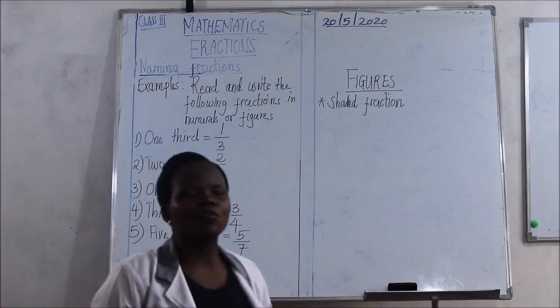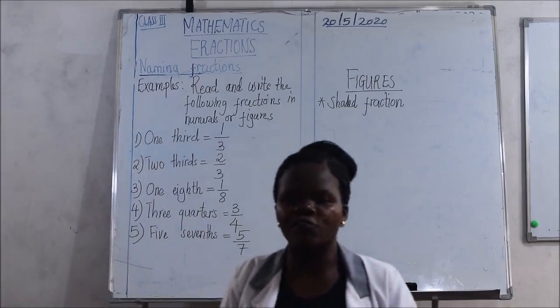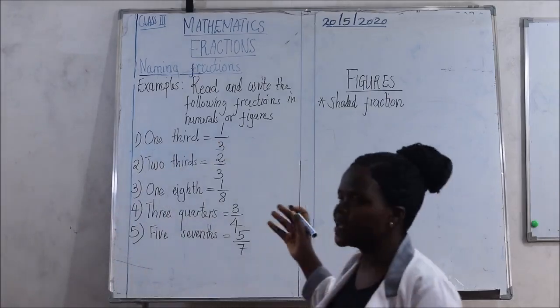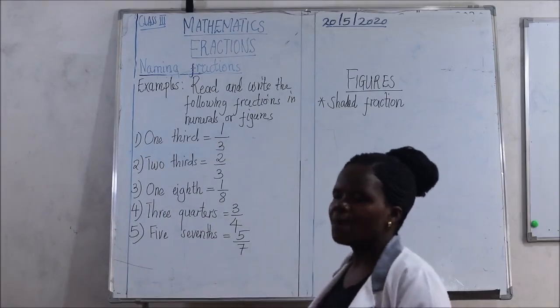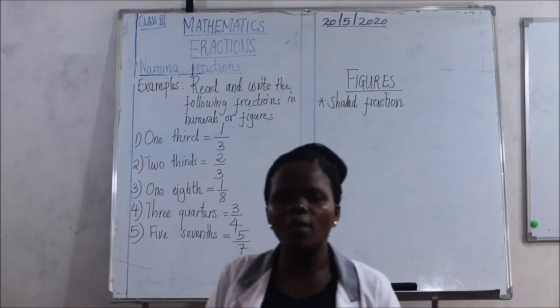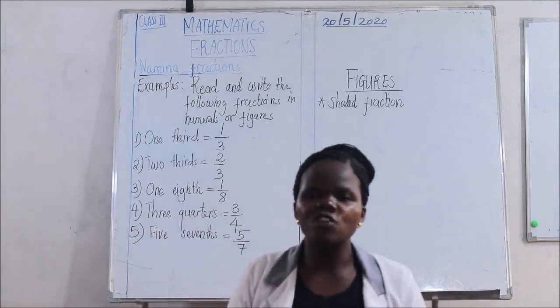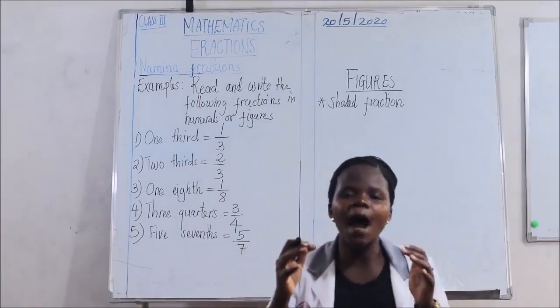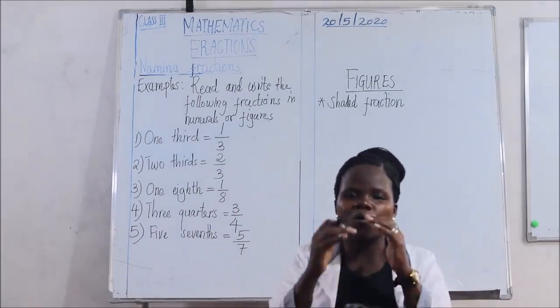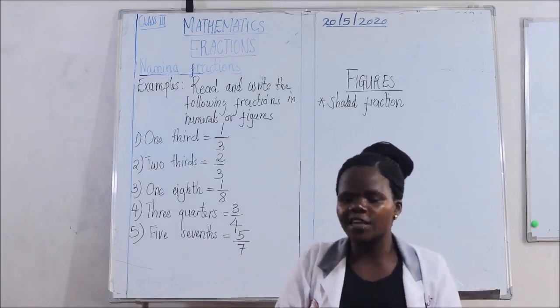So you have to be careful on that. When you are writing your fraction for the shaded part, the numerator will be the number of the shaded parts in the figure, and the denominator will be the total number of all the parts in that figure.